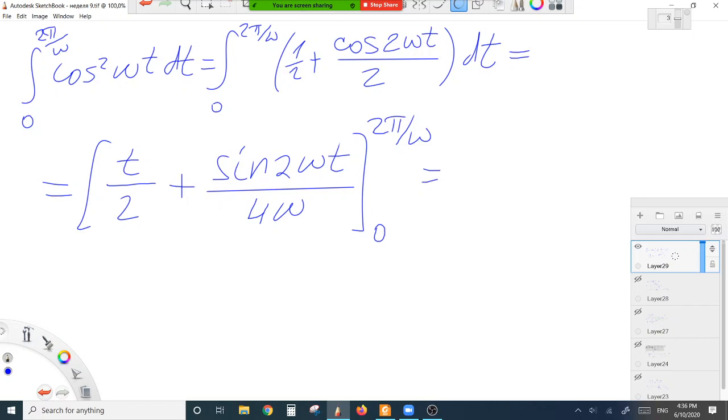If we put 0, we get 0. If we put 2π over omega here, 2 and 2 simplify, omega and omega simplify, and there remains only sine of π, which is again 0, and remains only 2π over 2 omega, or π over omega.